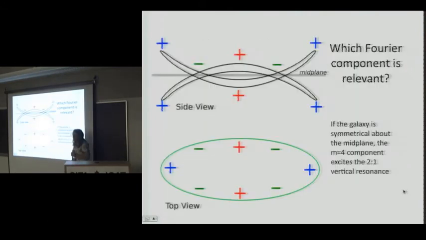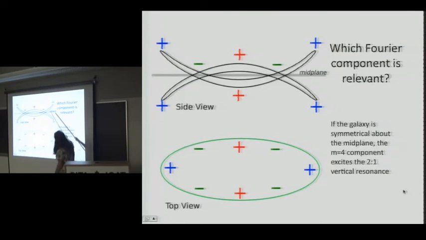So I showed you that you got this Z. Well, when I picked the potential perturbation, I picked the m equals 4 Fourier component. So why did I pick the m equals 4 component?